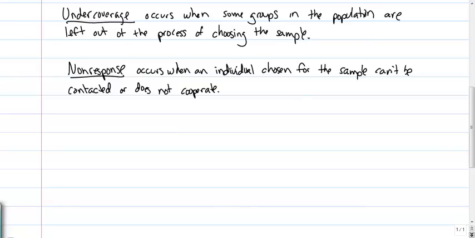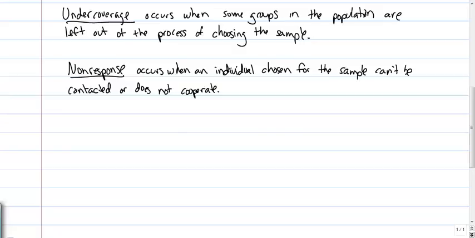For example, on telephone surveys, the person that you're trying to contact, either you can't reach them or they hang up on you. Now, there are ways and statistics for dealing with non-response as part of your sampling process. For now, we're just going to say that we're going to try to avoid non-response by doing everything we can to make sure that the people that we contact are cooperative or we get an answer from them.